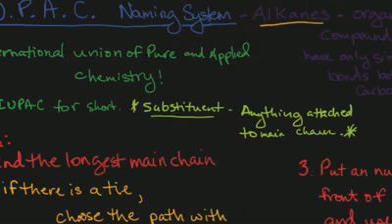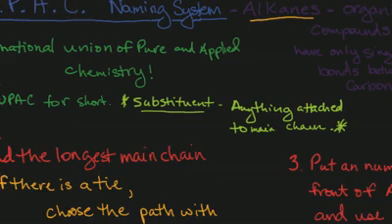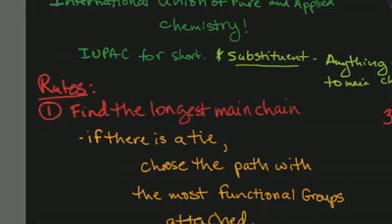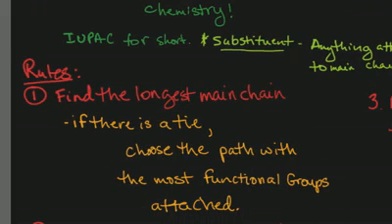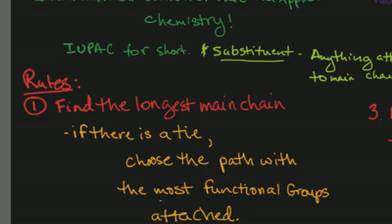So what is a substituent? You will hear that word thrown around quite often when discussing nomenclature. It's anything attached to the main chain. So what are the rules? Well, first you're going to find the longest main chain. If there's a tie, choose the path that has the most functional groups.